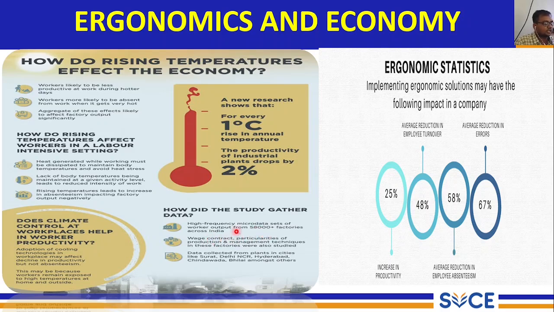This data is cumulative of all those industries. They see that whenever the situation is completely ergonomically fit for the worker, there is a 25% increase in productivity, a 48% average reduction in employee turnover, employee absenteeism reduced by 58%, and more importantly, errors have been reduced by 67%.